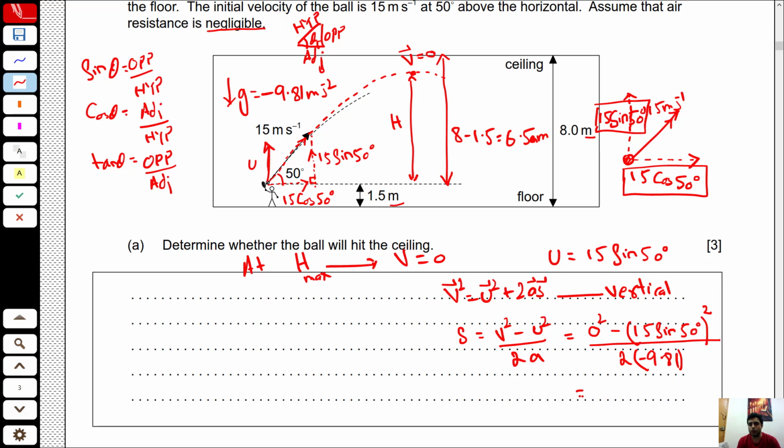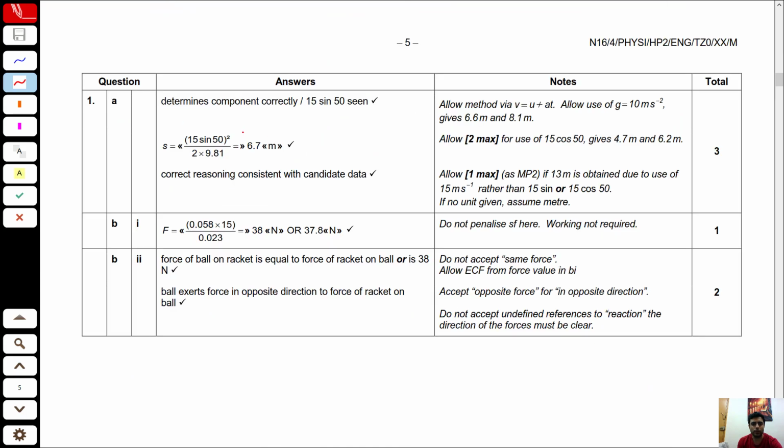Now just hit the calculator. Make sure that you take care of the brackets and everything. When you do that, you will get the answer, which equals 6.7 meters.